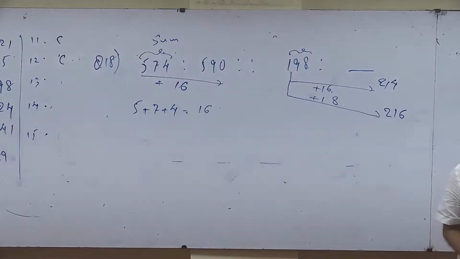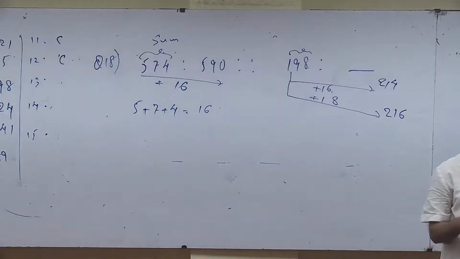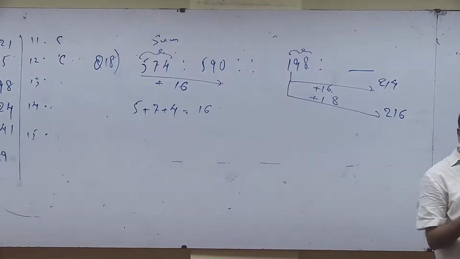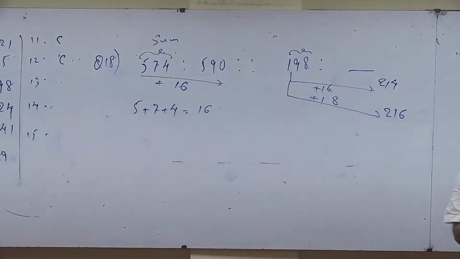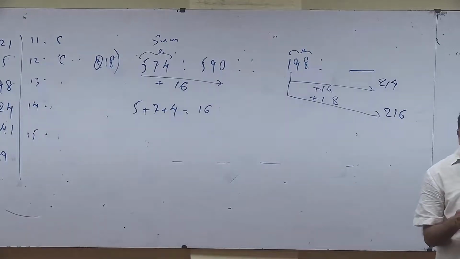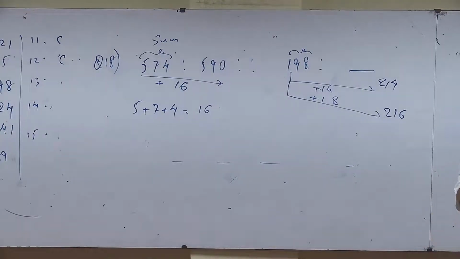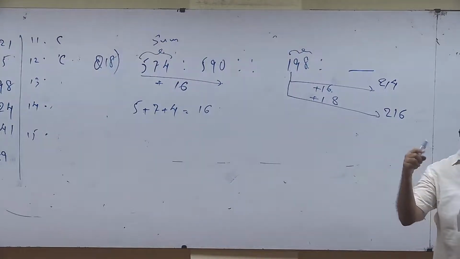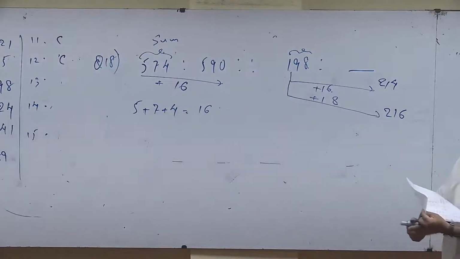Which one? Question number 19? 1, 2, 5, 1, 8. Question number 19. Everyone observe that 2 cube is 8. The next one, the same way, 1 cube, it is digit based. 1 cube is 1 and 6 cube is 216.